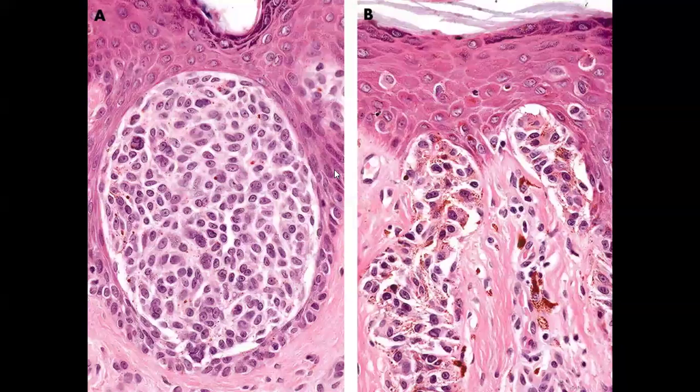So here is a comparison between typical benign-looking uniform nests of melanocytes and the irregularly placed, irregularly shaped melanocytes in malignant melanoma and irregular nests of abnormal melanocytes.